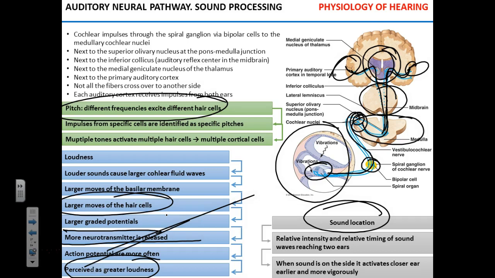Also, the sound of my voice is a little louder in his left ear than in his right. Does that make sense? So the difference in the loudness and timing as it reaches two ears allows us to tell where the sound is.